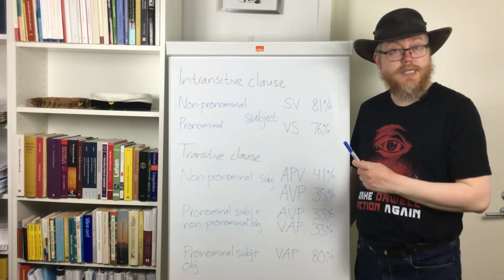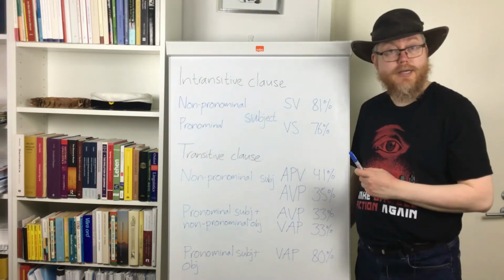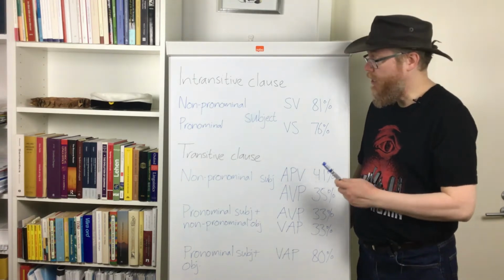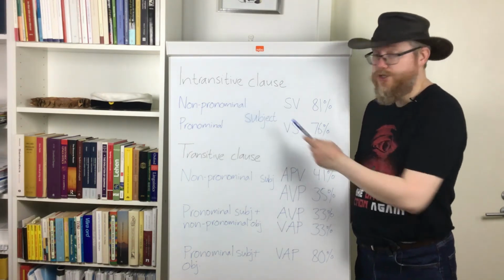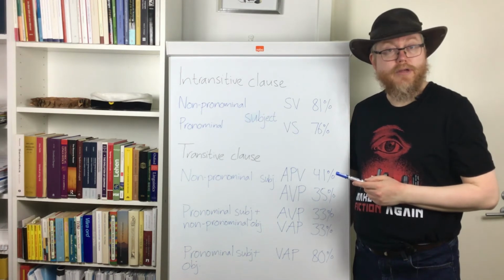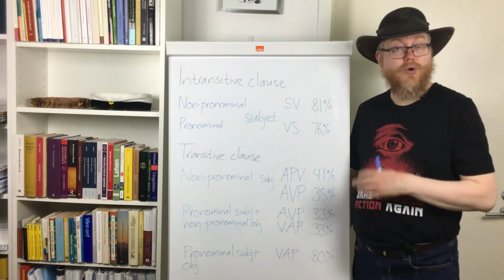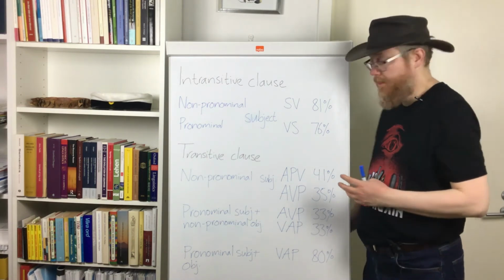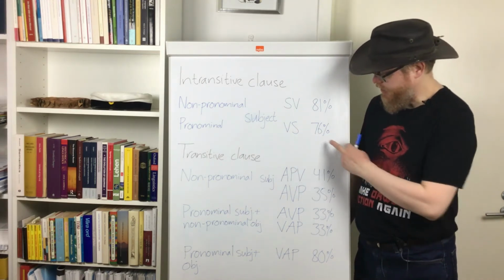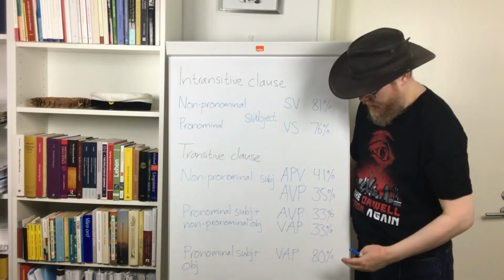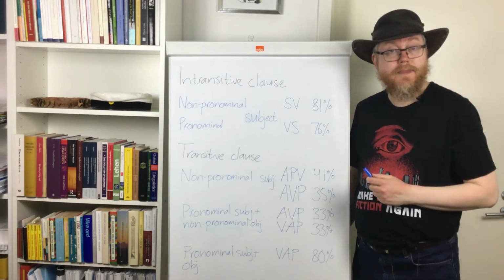In such clauses, it is very important what type of subject we have, whether the subject is a pronoun or not. So if it's not a pronoun, it is either a common noun or a name. And I would say that this strong tendency, together with this, is very interesting.